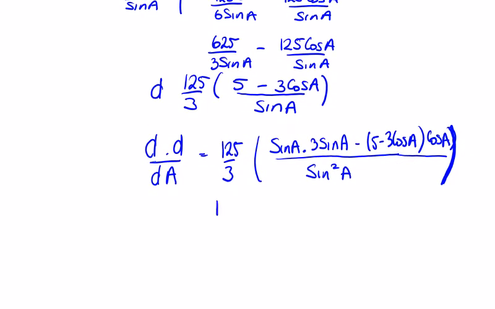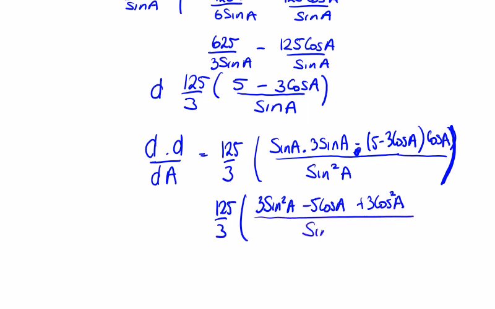Let's have a look here. 125 over 3 by 3 sine squared A. And then we have minus 5 by cos A, so minus 5 cos A. And then we have a minus 3 cos A, so that's plus 3 cos squared A, over sine squared A.